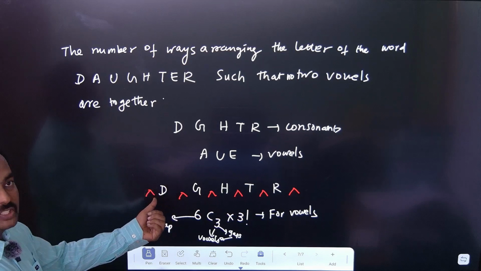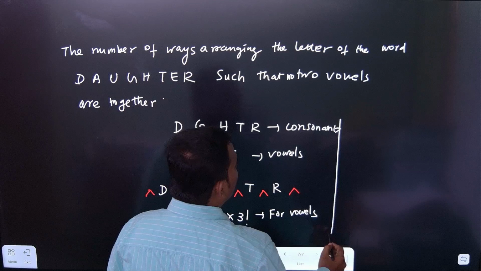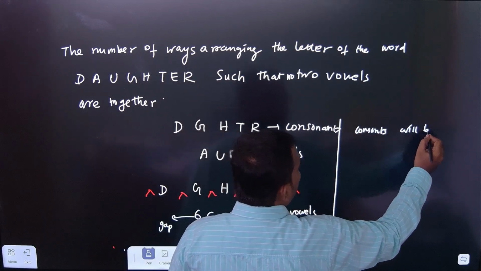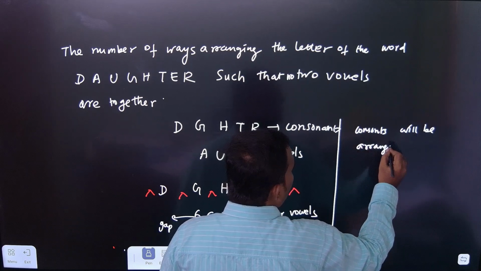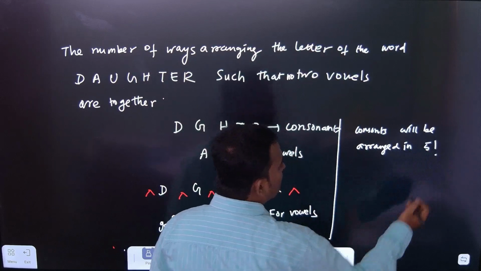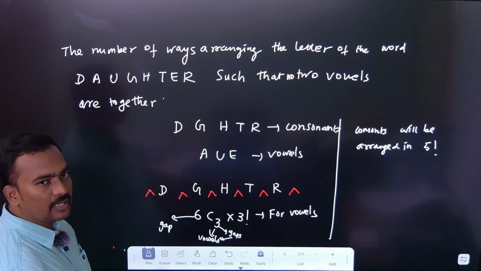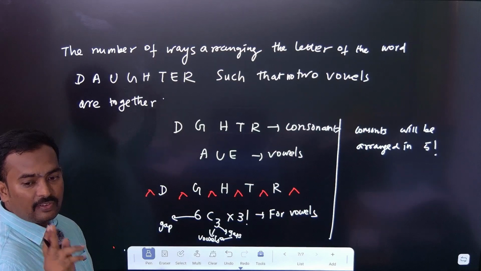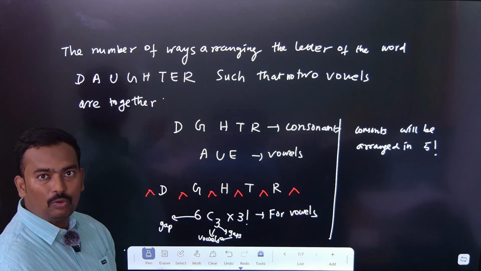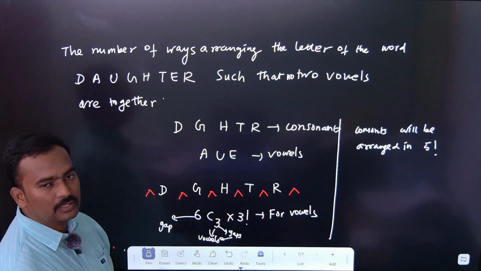There are 5 different letters, so they can be arranged in 5 factorial possibilities. Why 5 factorial? Because D, G, H, T, R are 5 letters. The first place can be filled in 5 ways, the second in 4 ways, then 3, 2, 1. 5 factorial possibilities for the consonants.